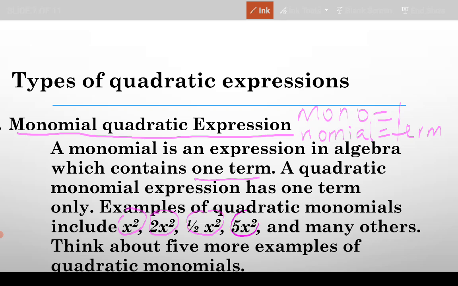Another one is 5x squared. You have many more that you can think about. Think about 5 more examples of quadratic monomials and let me have them. Let me have a look at your examples. It is going to gladden my heart to see that you are able to identify some of these terms.